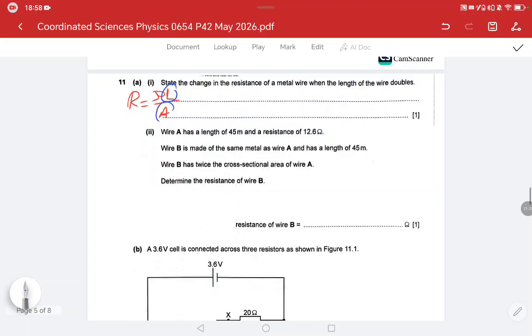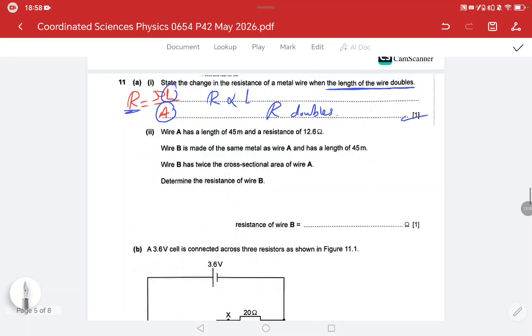When the length of the wire is doubled, the resistance will also be doubled because R is directly proportional to the length. So just writing R doubles is correct.